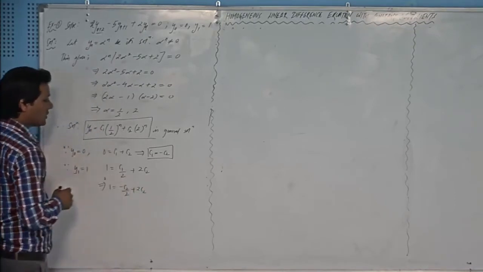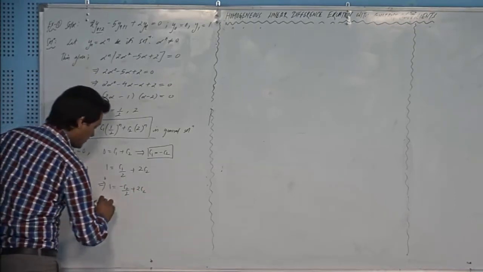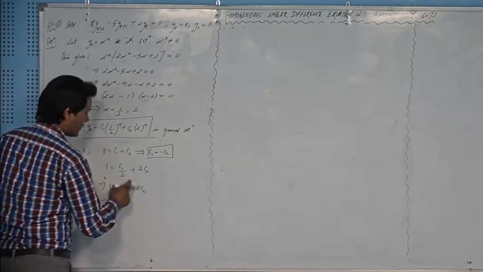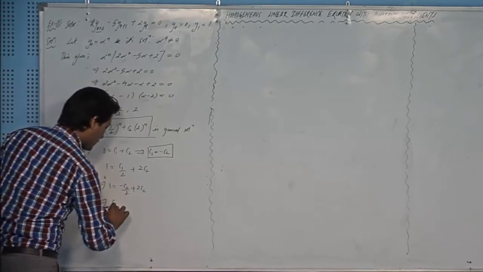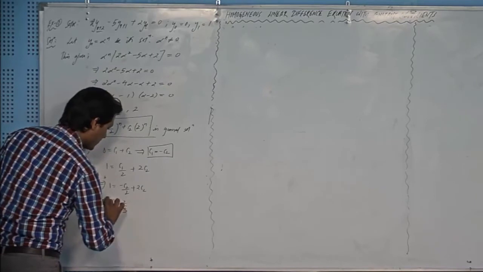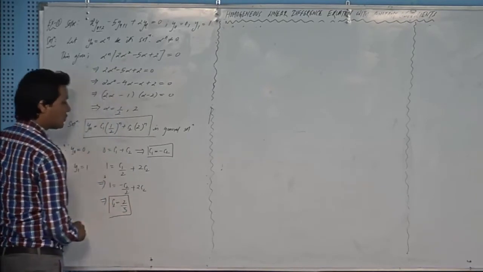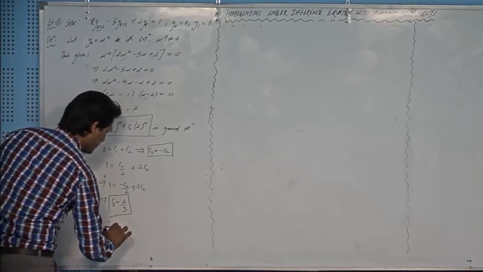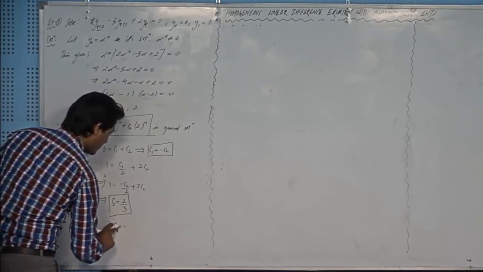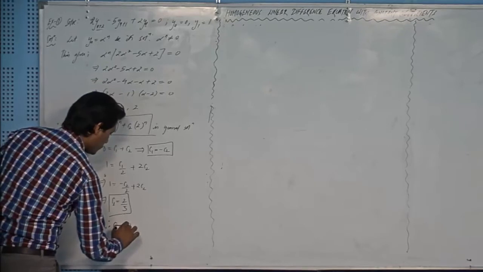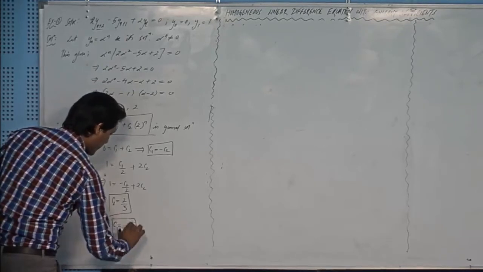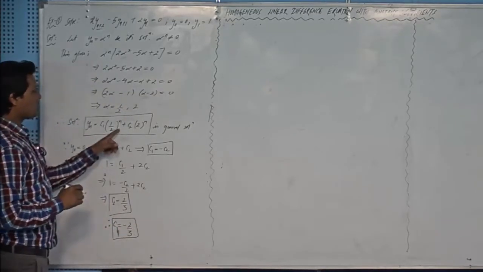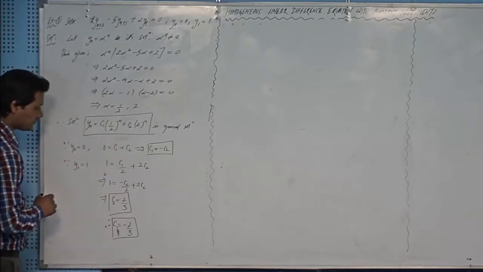So that will ultimately produce 3 by 2 c2, so c2 will be equal to 2 by 3, and since c2 is equal to 2 by 3, therefore c1 will be equal to minus 2 by 3.